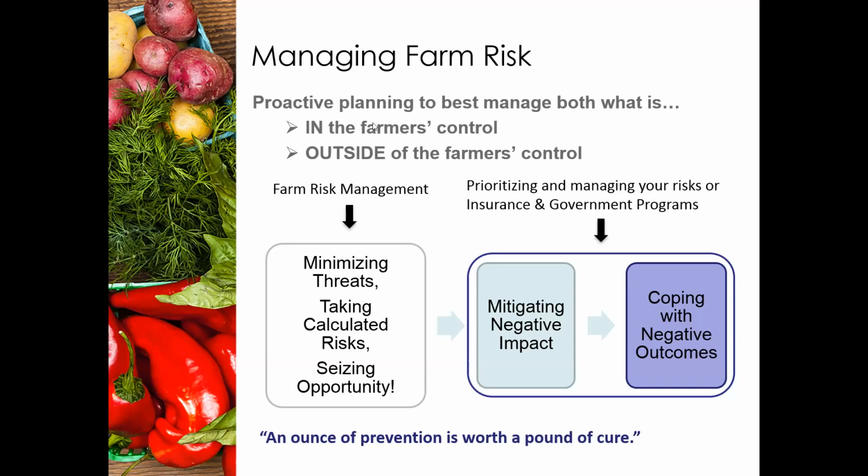You want to both look at what's in your control and what's outside of your control. If something's outside of your control, there still needs to be a plan to do, what do I do about it if it happens? And what's in control, let's hope we can minimize that risk and we can mitigate it and get it into a smaller category so it actually doesn't impact you as bad.